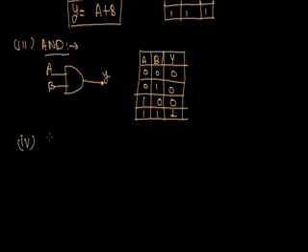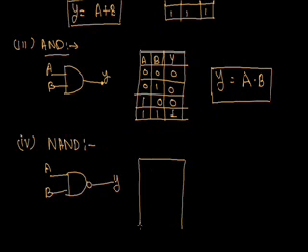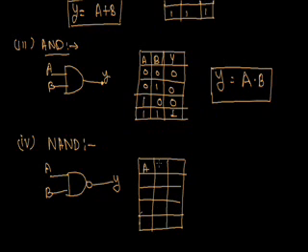The fourth is the NAND gate. What happens with the NAND gate? This is the AND gate, and here is one bubble. This is our NAND gate with A, B and Y. The truth table is A, B, Y with 0 0, 0 1, 1 0, 1 1. For 0 0 we get 1.